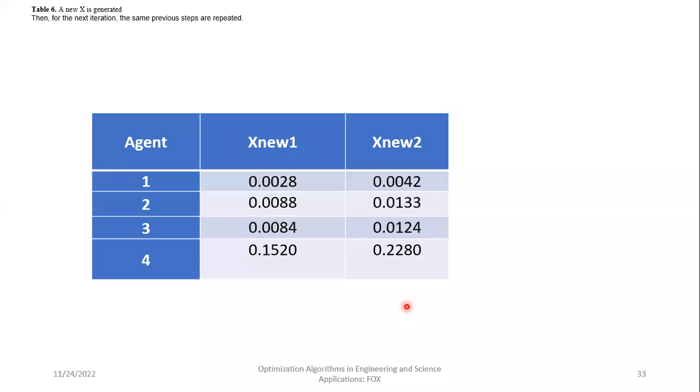This is a basic calculation for how to implement the Fox algorithm. You see the new values for the second iteration are less, and this square plus this square gives the fitness, and the minimum fitness will be selected. Here, I think, this might be the minimum, probably, so it depends. So it has to be calculated.